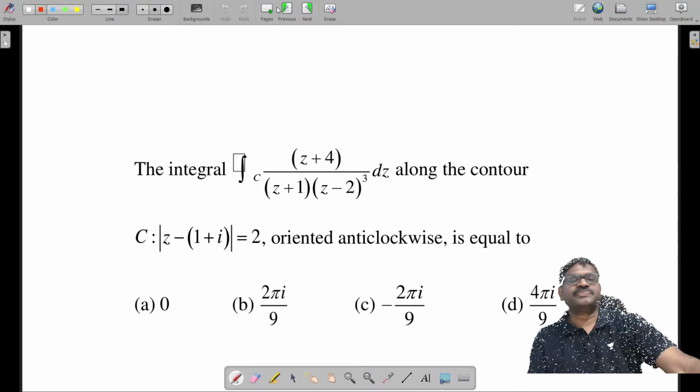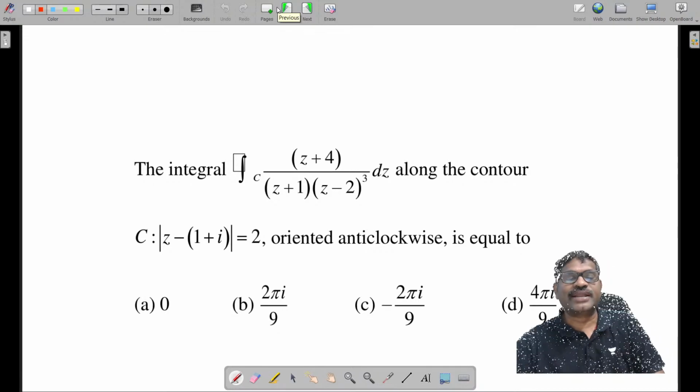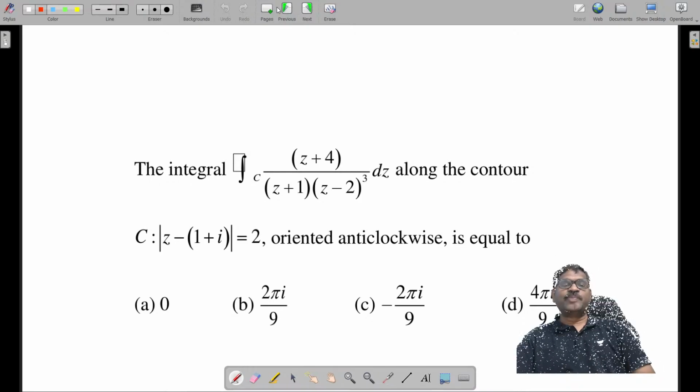Next problem: integral of z plus 4 by z plus 1 into z minus 2 whole cube dz along the contour oriented anti-clockwise, the contour modulus of z minus of 1 plus i equal to 2.